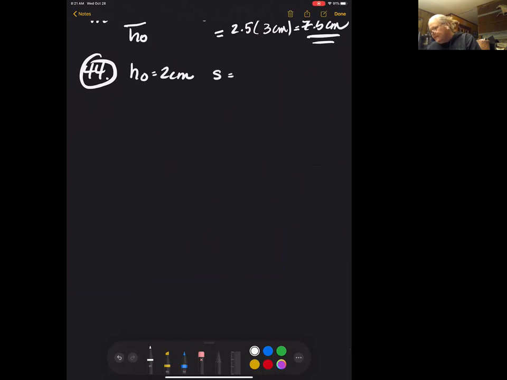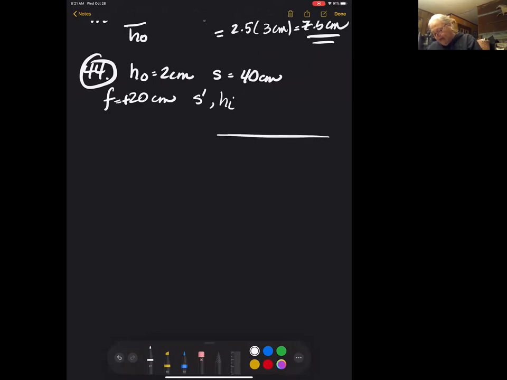So my S is 40 centimeters and it's a converging mirror with a focal length of 20 centimeters. The focal length is 20 centimeters and it's a converging lens. I may have said mirror. So it's a converging lens, so it's plus 20 centimeters. And they want me to find S prime and the height of the image again.